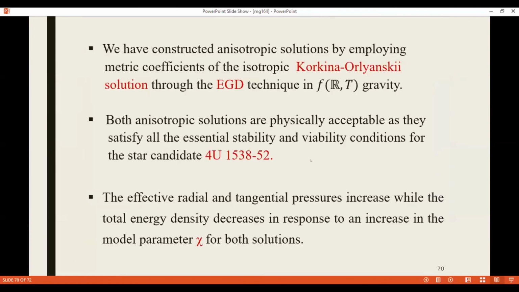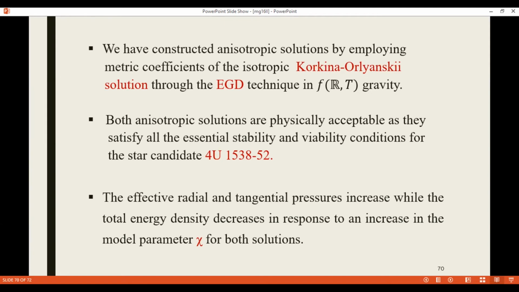So I can conclude my talk that we have in fact constructed anisotropic solutions by using metric coefficients of the known isotropic Korkina-Orlyansky solution through the extended geometric decoupling technique in this f(R,T) gravity.